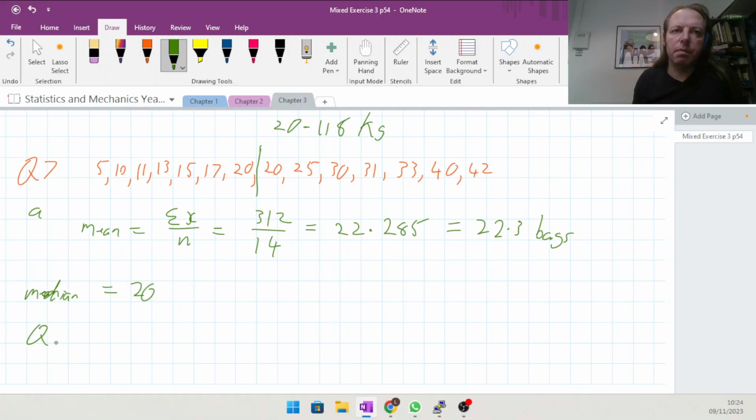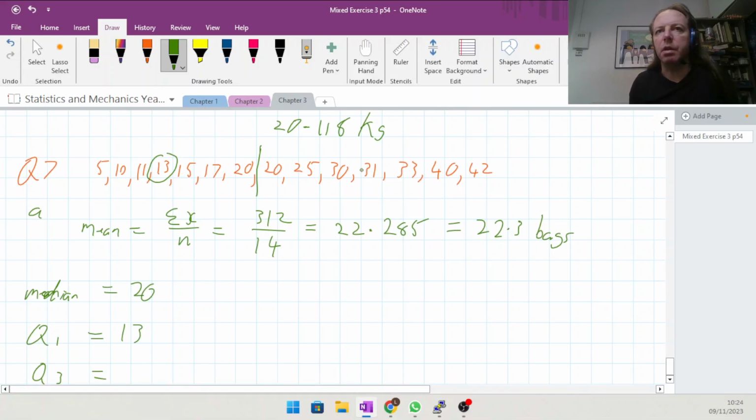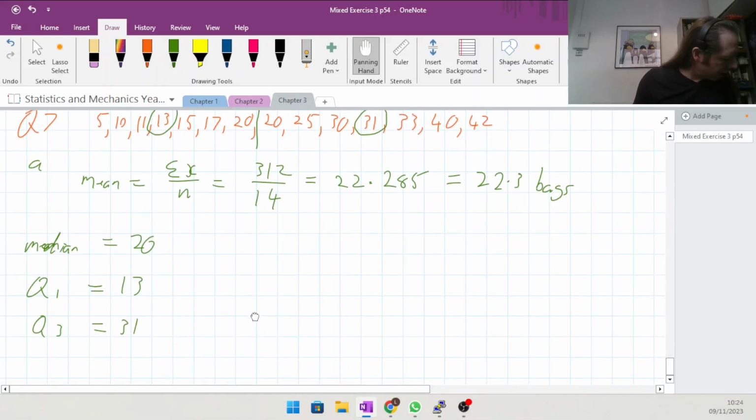Q1 is a quarter of the way up here, so 1, 2, 3. So Q1 is 13, and Q3 is 1, 2, 3, which is 31. That's just the quartiles they wanted on this one. That's fine. Find the medians.